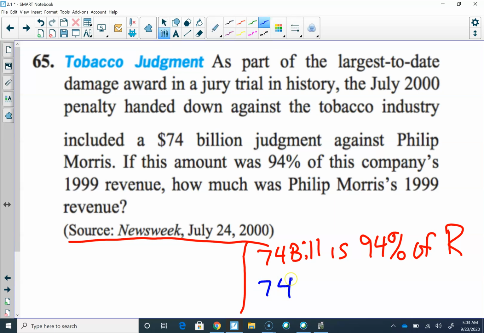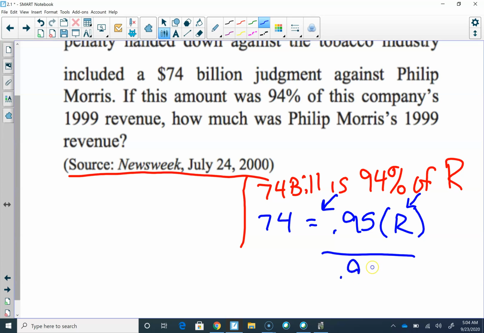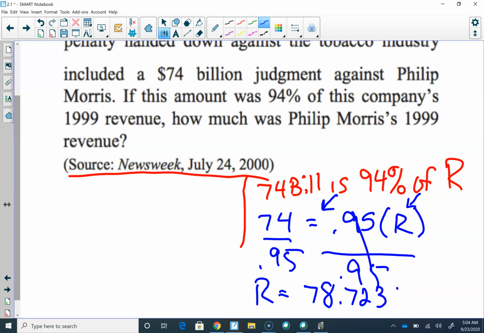I would say 74, I know it's in billions, is always means equals in math. 0.94 of always means multiply times R. And then all I would do is divide by 0.94. And I would get my revenue, and this is $78.723 billion.